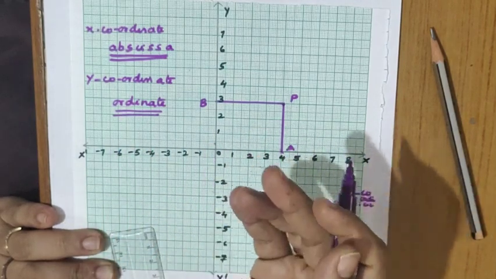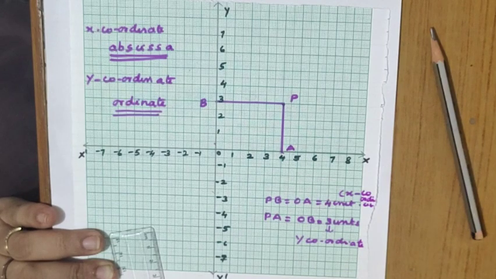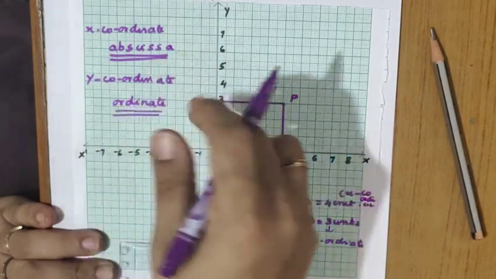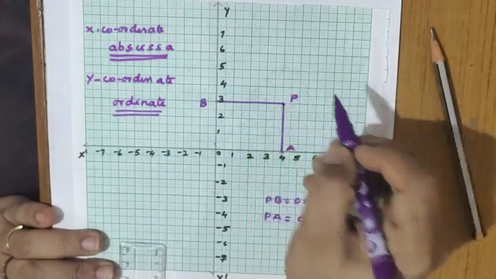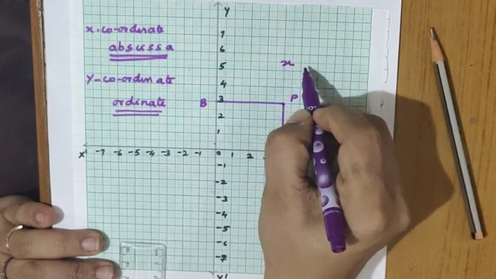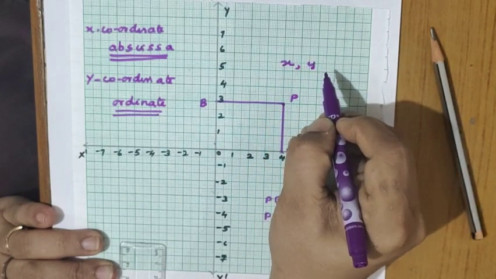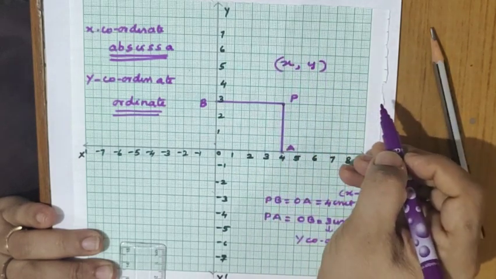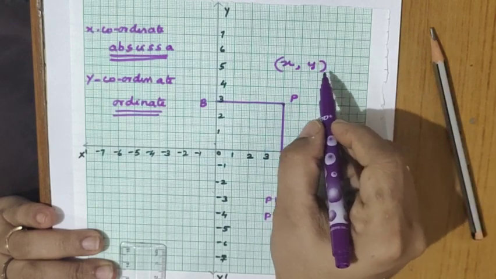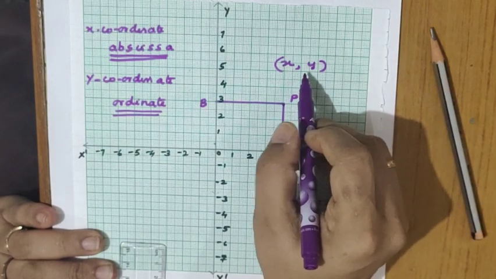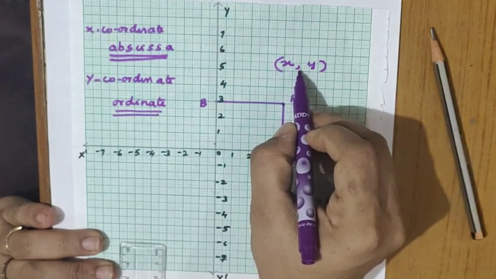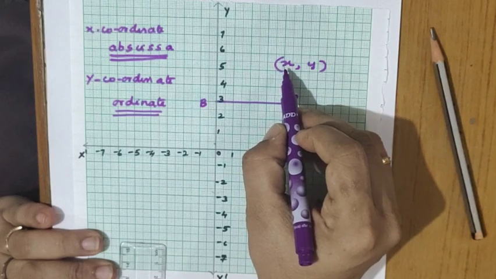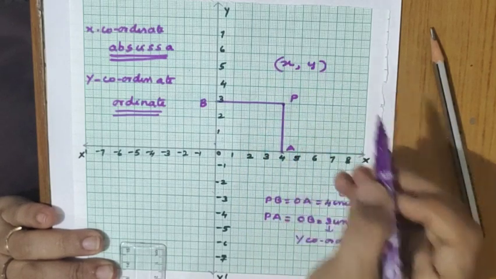Now, when we use them in coordinate geometry, we should write the x-coordinate first and the y-coordinate second. In general, x first and y second, separated by a comma and put in brackets. So x comma y, with the coordinates placed in brackets.